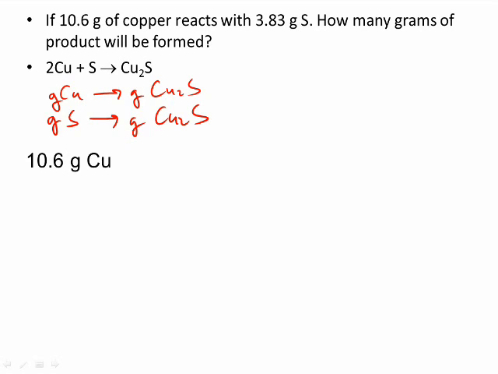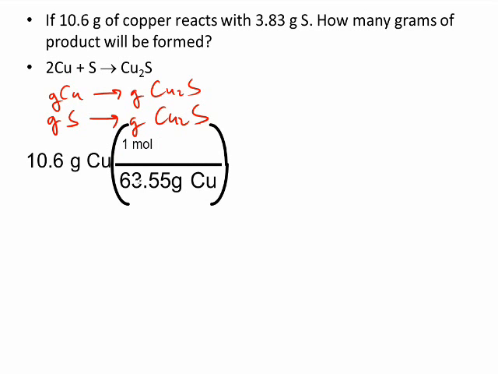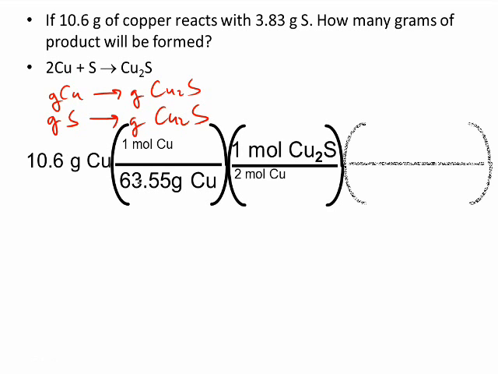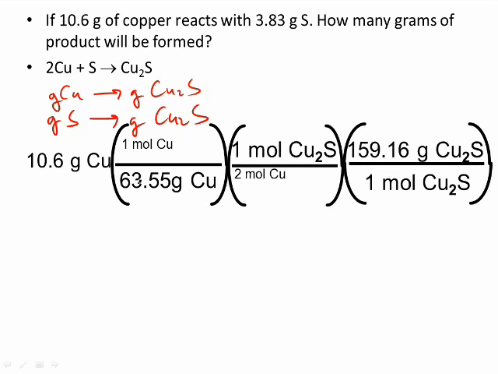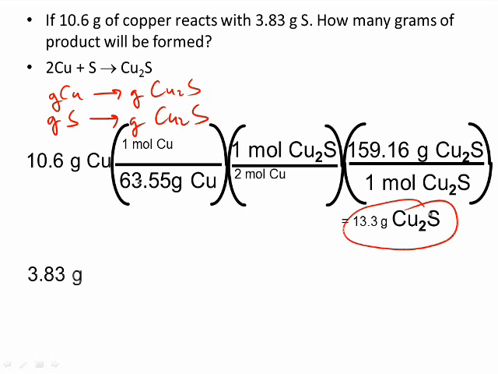Whichever one produces the least amount of copper sulfide will be the limiting reagent. Let's do copper first. That's the molar mass. Then we're going to do the mole ratio from the equation, then multiply by the molar mass of copper sulfide, and that will produce 13.3 grams of copper sulfide.